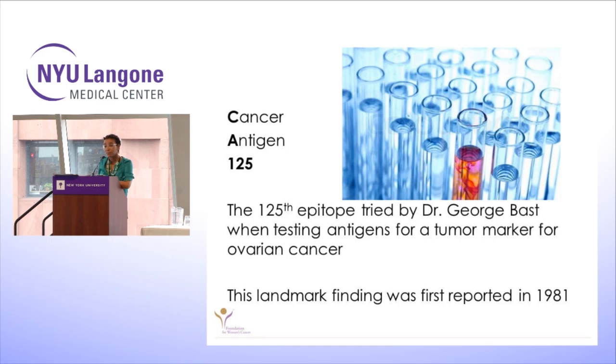He was a very persistent man, thankfully, because it wasn't the first time he tried or the second time, but the 125th try was when he landed on this correct protein. And so that's why it's called cancer antigen 125. So be persistent is what that says, everybody.